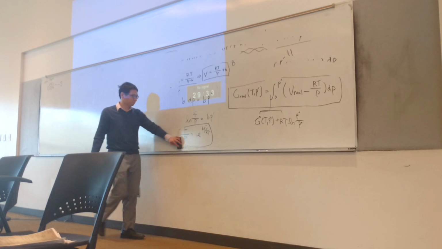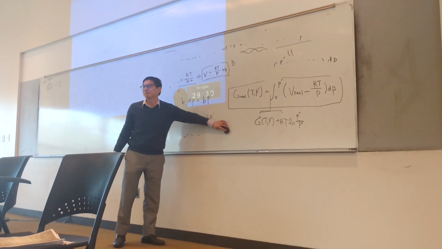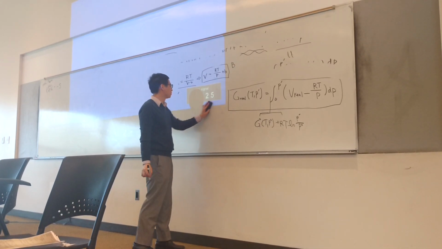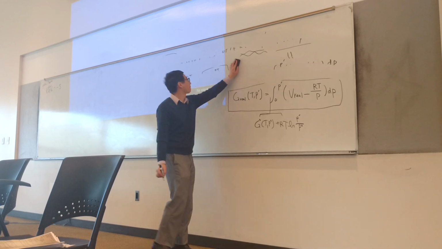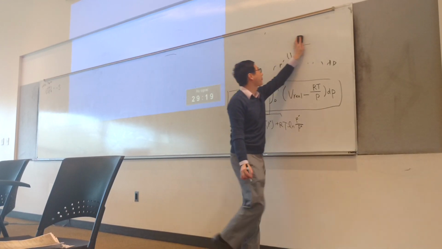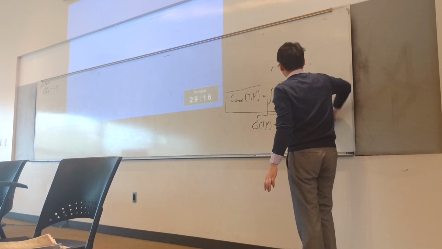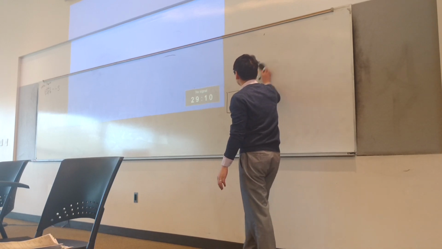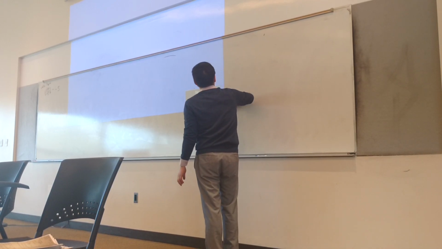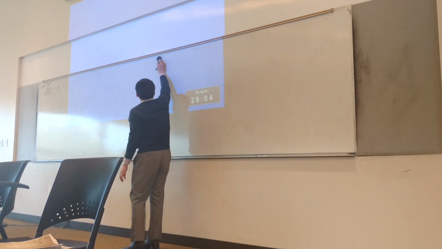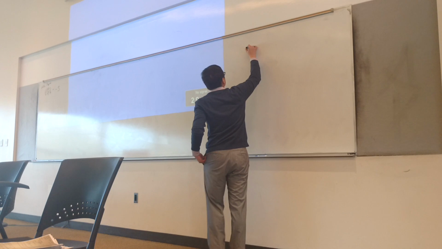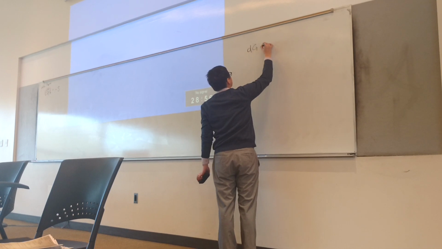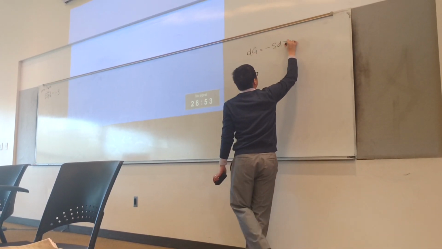Where did you get this? Where did you get partial G, partial T at constant P equal to minus S? We get that because we know G is a function of pressure and the entropy, right? So dG is equal to negative S dT plus V dP, right?